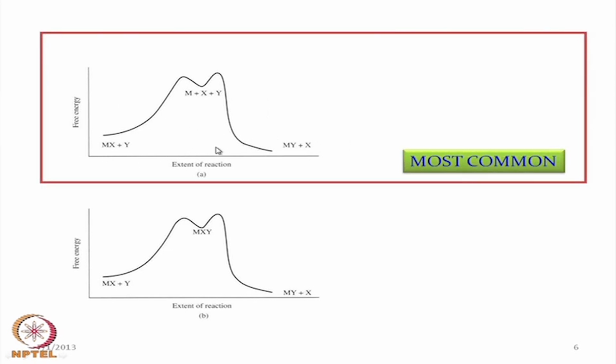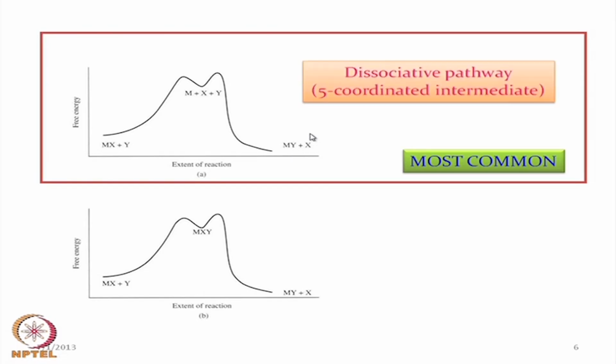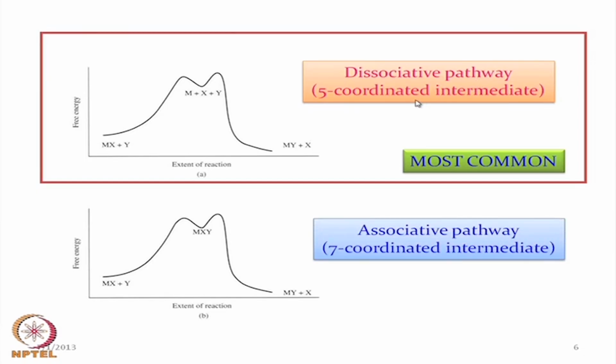So, the dissociative pathway is the most common one, where this ML5X is reacting with Y giving ML5Y plus X, and there is a 5 coordinate intermediate in this particular case, and in the other case the 7 coordinated intermediate is forming, that we have discussed so far.